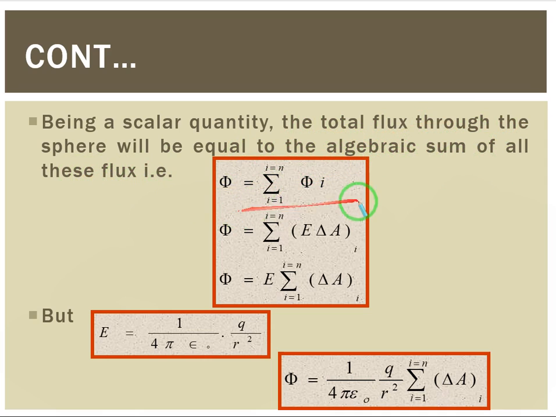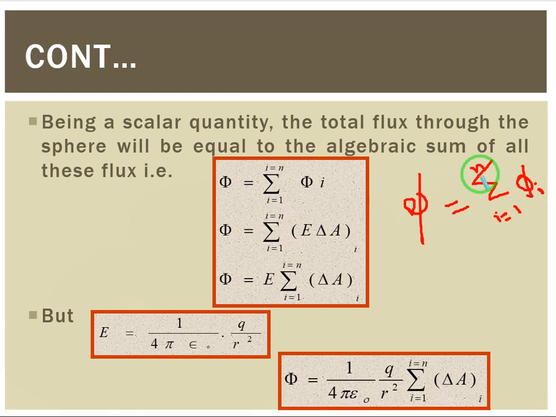So we have a number of fluxes, and the total flux is equal to the sum of all the flux, with i starting from 1 to N. N may be 4 areas, it may be 5 segments, it may be 6, 7, 8, 9, 10 segments or pieces.